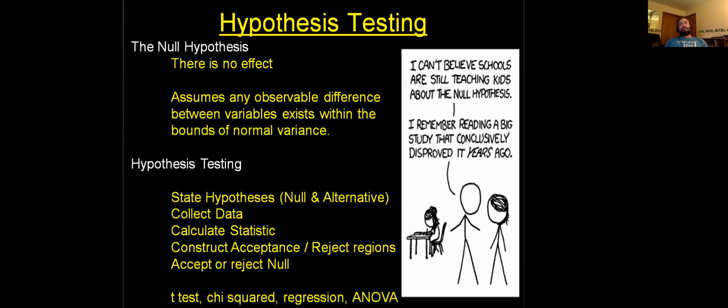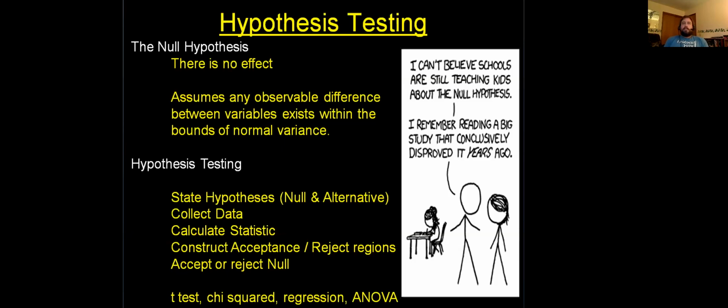There are some pretty well-established steps or stages in this process. So you state your hypotheses, you collect your data, you calculate your statistic, whichever of these measures or types of tests or analyses you're using. You construct your accept or reject region. In other words, you figure out what often that t distribution is.